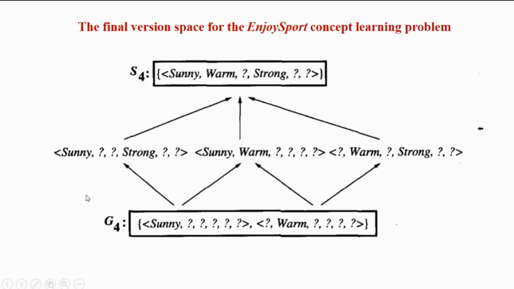And finally, this is the version space generation in concurrence with G4 and S4. Whatever is repeated will be eliminated. Finally, we have two hypotheses in the G boundary, one hypothesis in the S boundary, and three intermediate hypotheses. In total, six hypotheses are generated at the end of the final version space.